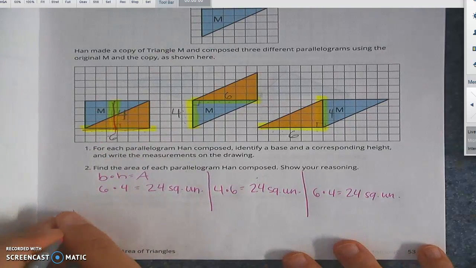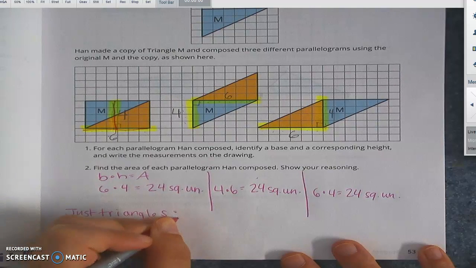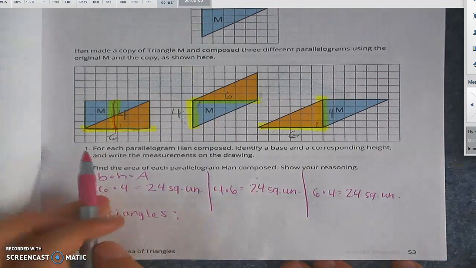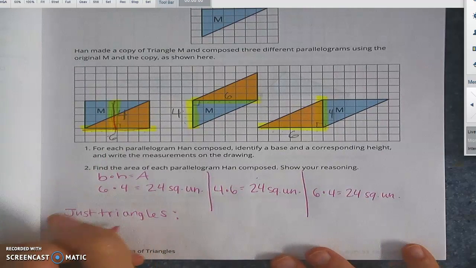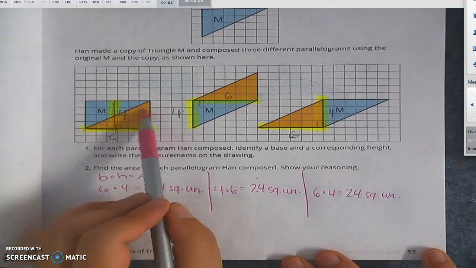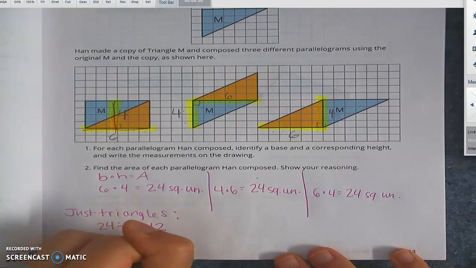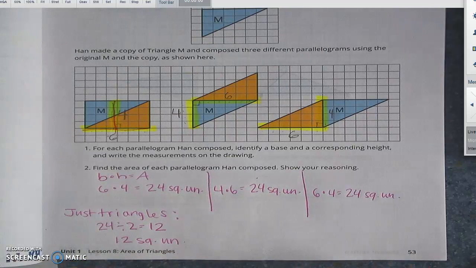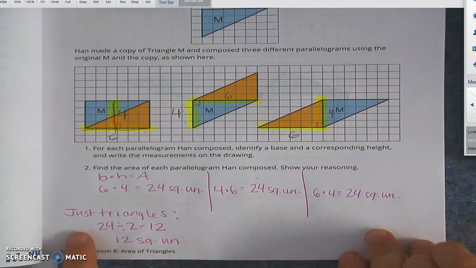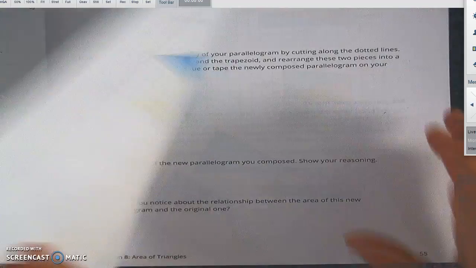So, for just the triangles, since 2 triangles together are 24, I can do 24 divided by 2, which is 12. So the area of just one of those triangles would be 12 square units. Copy that down so you have it in your workbook. And then turn the page with me.